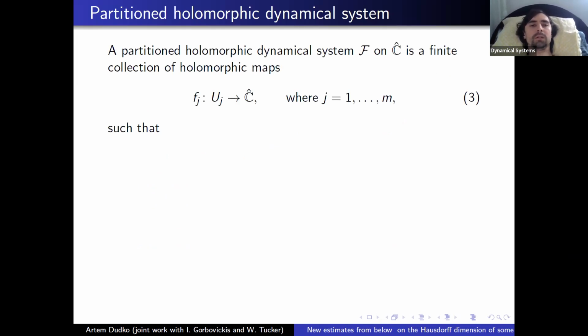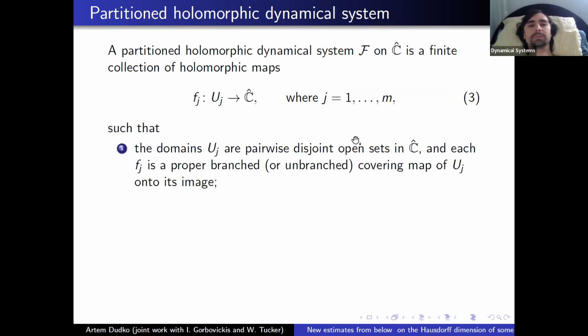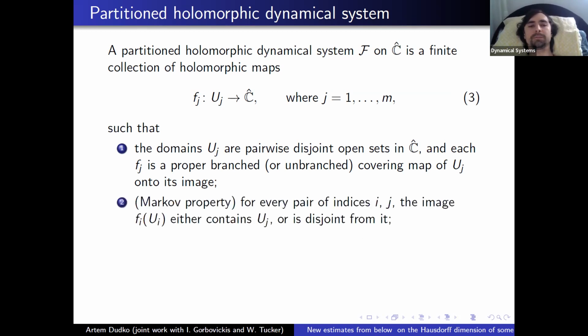So we obtain a result for partitioned holomorphic dynamical systems, which by definition is collection of maps on disjoint domains. We assume that each of the maps is a covering map of U_j onto its image, possibly branched, so it may have critical points.